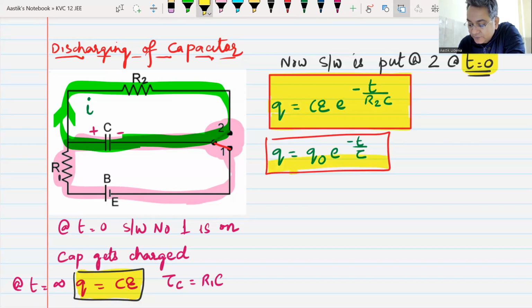What does Q naught stand for here? Q naught stands for the charge on the capacitor at time t is equal to 0. And in this case, the value of Q naught is C into E. Do we understand this?